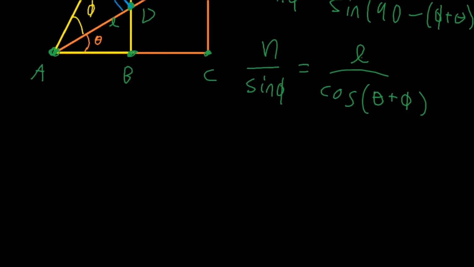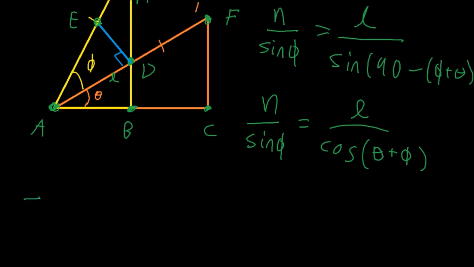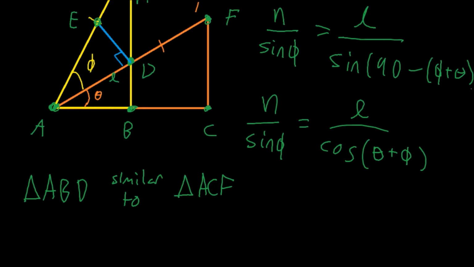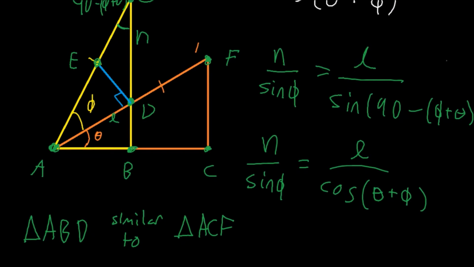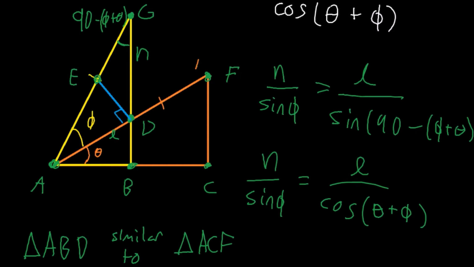So what about that theta plus phi there? How do we get rid of this? Well, we use another thing: the fact that if you look at triangle ABD, it's similar to triangle ACF. So if we took L, the measurement L, and compared it to AB, because we've written here, very faintly, that this is 1 and these two sides are equal.